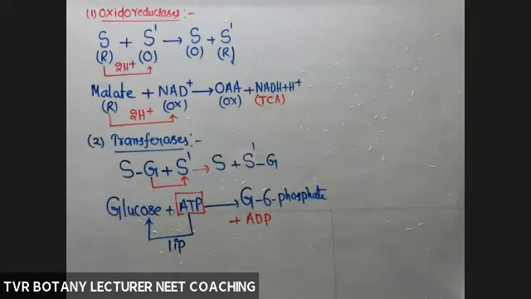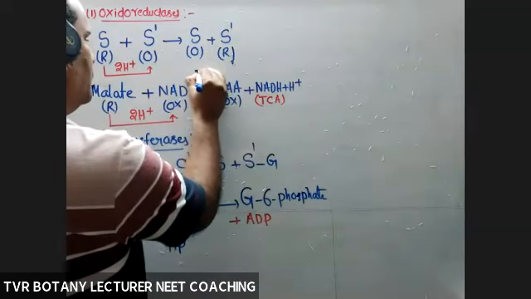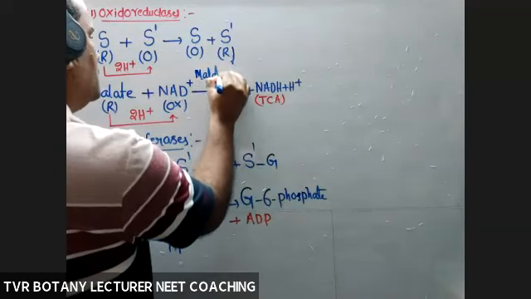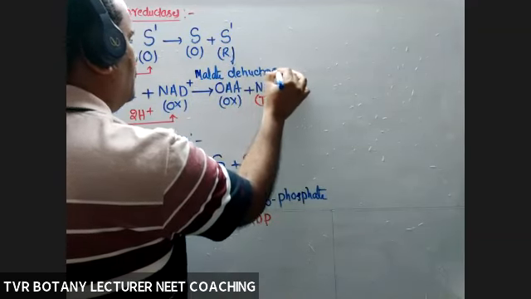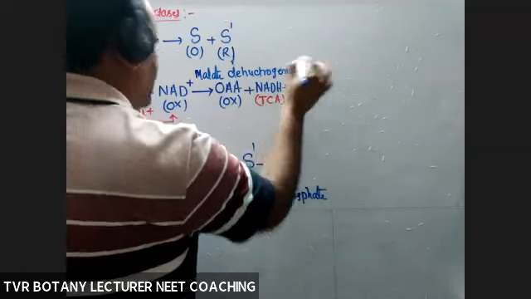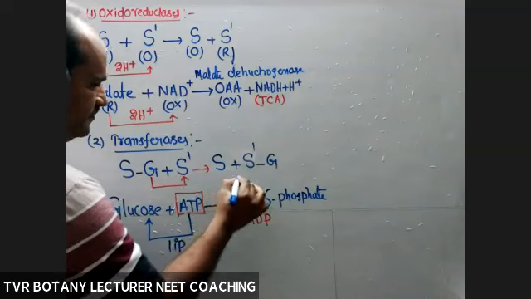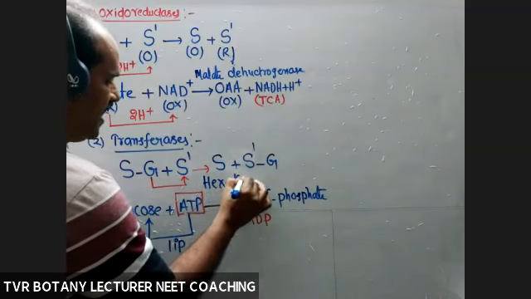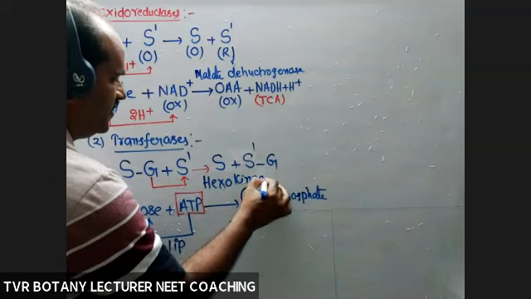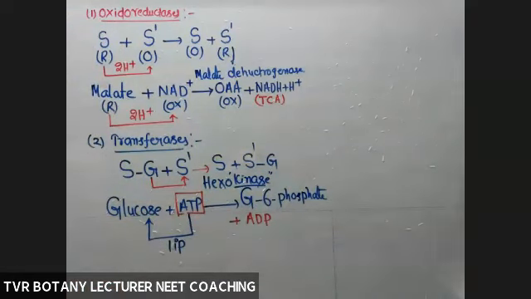Okay, right? And here, write one enzyme, malate dehydrogenase. And here, hexokinase. Generally, kinases are concerned with transfer of phosphate.